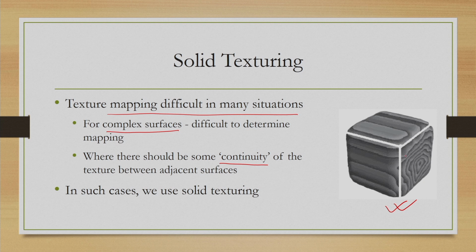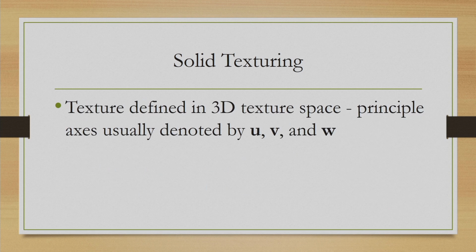Here, as you can see, there is a continuity between the textures in the surfaces, and unless this continuity is maintained, we will not be able to create the realistic effect. So, in such cases, we use solid texturing. I will just give you the basic idea without going into the details of this technique, because this is slightly more complicated compared to the previous techniques that we have seen.